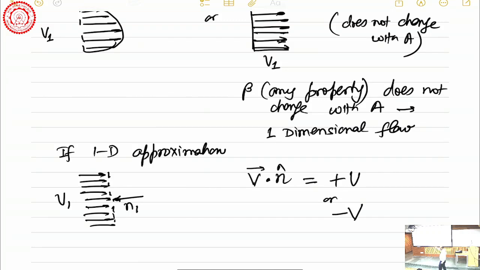In some cases it may not be possible, but if we make the cut perpendicular to the velocity, then v dot n will be either plus v or minus v.